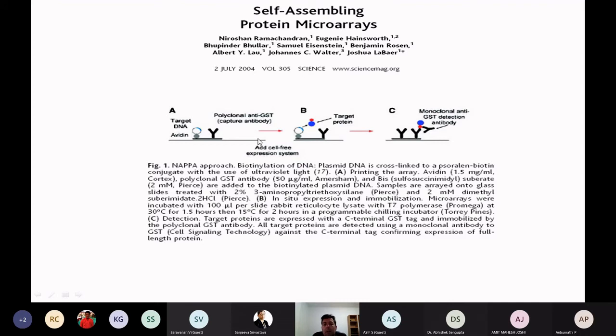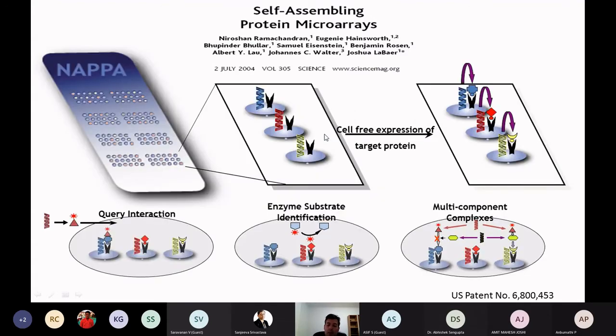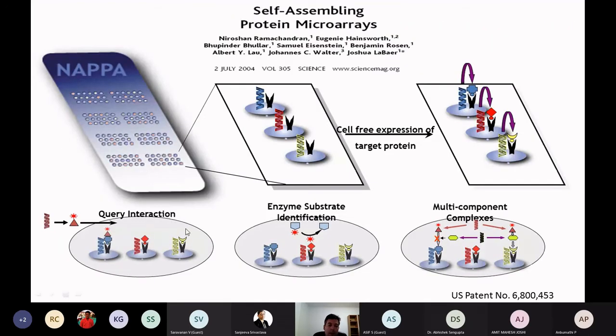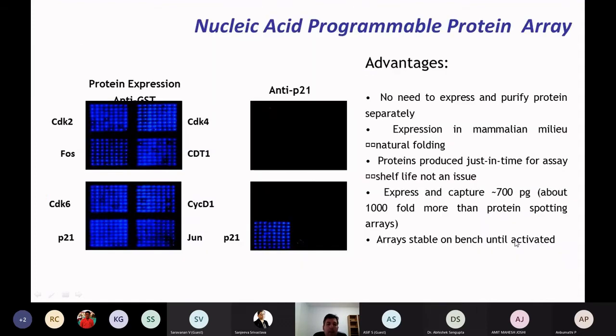After printing of the DNA with the anti-GST antibody, the protein array is activated using a cell-free expression system. So the target protein is produced on the surface of the array, captured with the antibody, and then the array can be used for all these applications that I have told you before: protein-protein interaction, enzyme substrate identification, or identification of complexes.